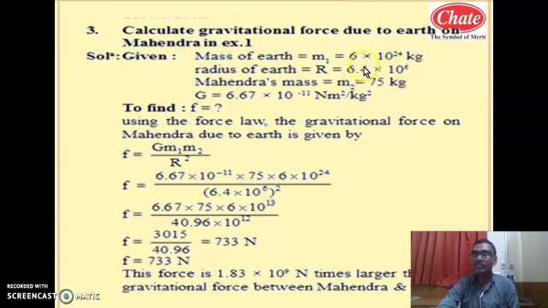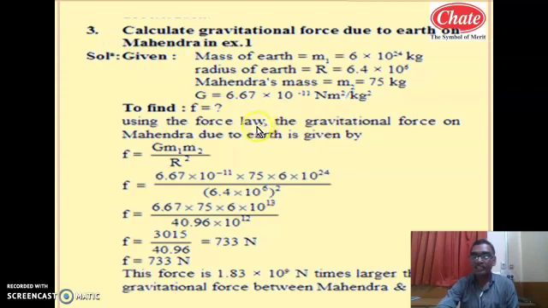Remember, students, these two values are constants that you have to remember and use wherever required. Now Mahendra's mass is 75 kg. G equals 6.67 into 10 raised to minus 11 Newton meter square per kg square. We have to calculate F.